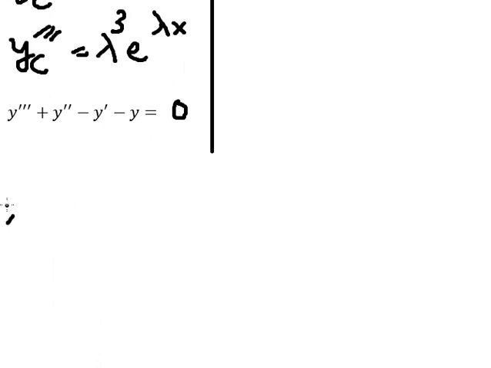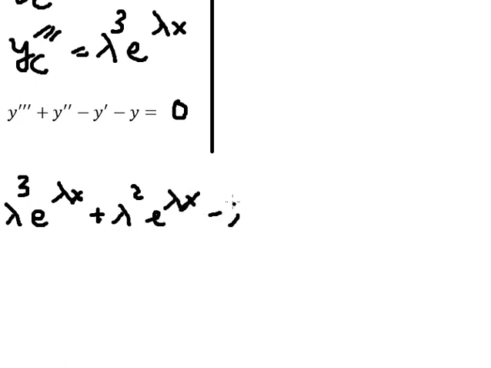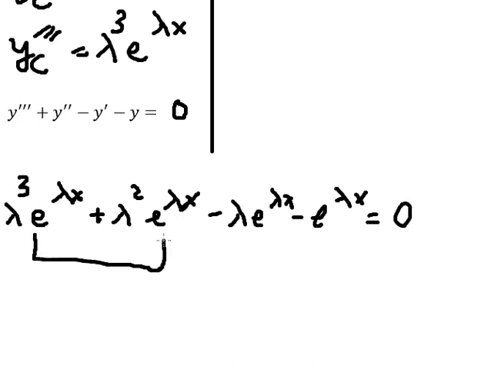So we have lambda to the power of 3 e to the power of lambda s, and lambda squared e to the power of lambda s minus lambda e to the power of lambda s, and the last one, e to the power of lambda s, we can do factorization.